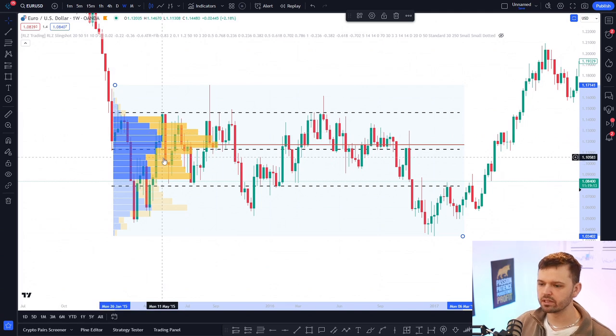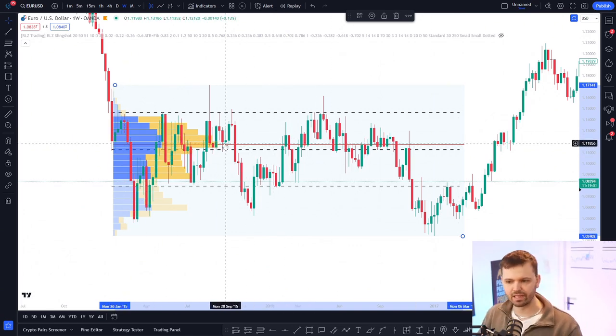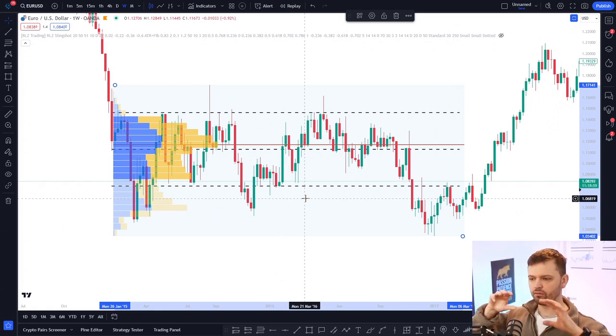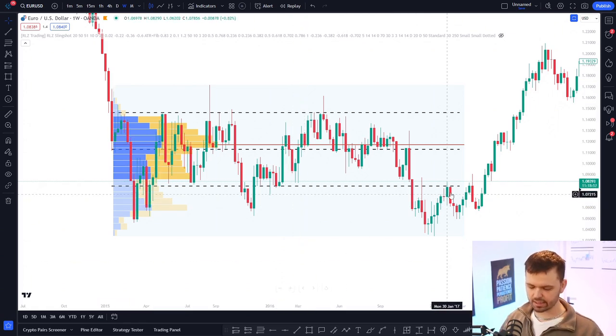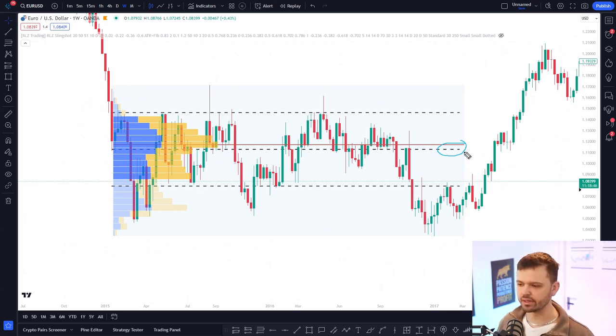This will show me visually, these bars basically show me where most of the volume has been traded within this range, and this red line is the point of control. It's basically where most volume has been traded, and you can see that the point of control is very close to the range EQ, and this also gives me some confirmation that the levels that I've selected for this range are somewhat correct.